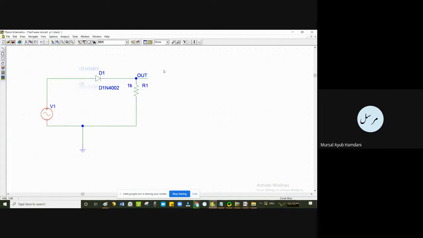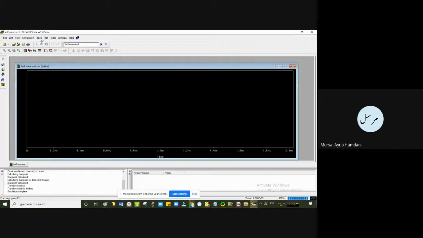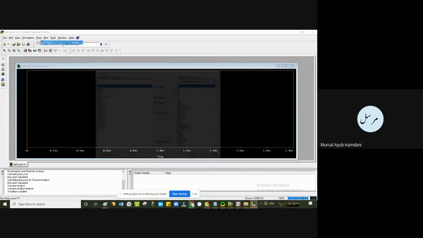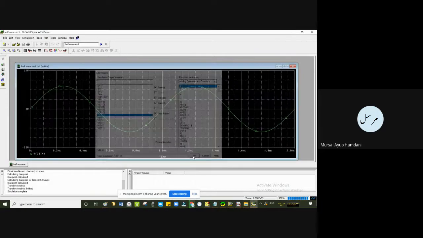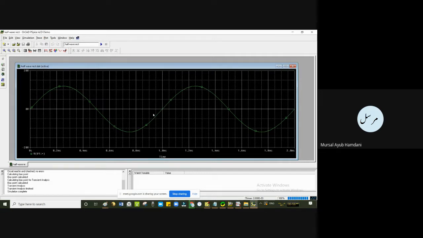Now let us simulate. V1 and out variables. Okay, so here trace V1, you see V1. We can see one clock cycle, another clock cycle, 2 milliseconds, because it is 1 kilohertz.